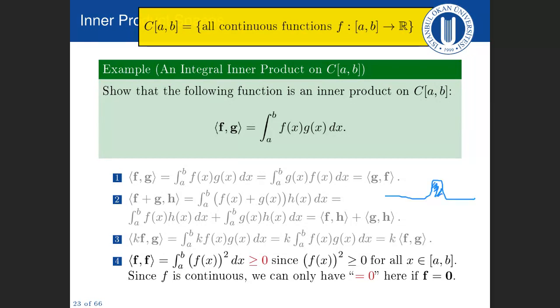If a function is strictly positive at one point, then its integral must be strictly positive. Or turning that around, if we know that the integral of a positive continuous function is equal to 0, then the function must always be equal to 0. So that's all 4 axioms proved. Therefore, this is an inner product on the vector space of continuous functions.